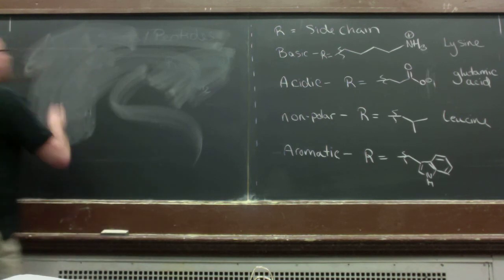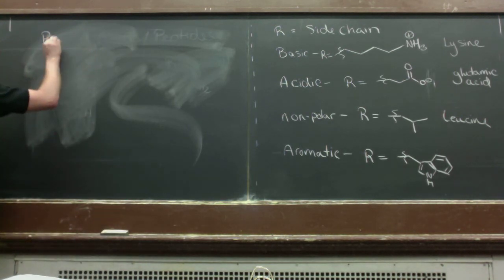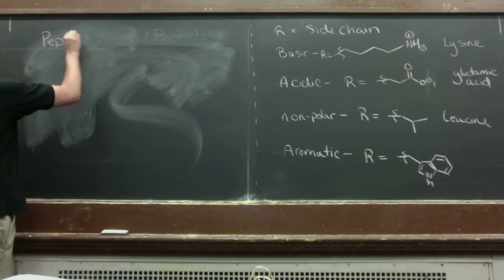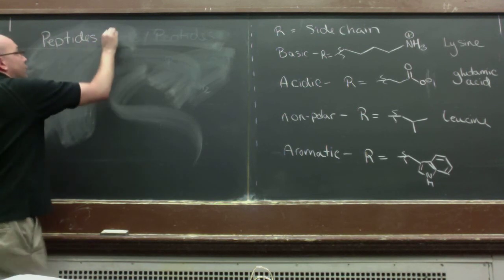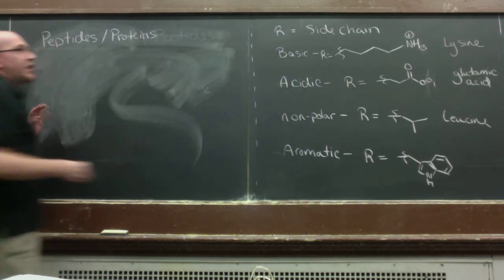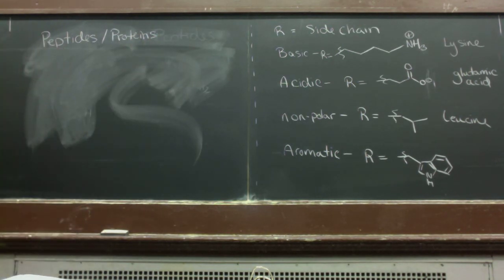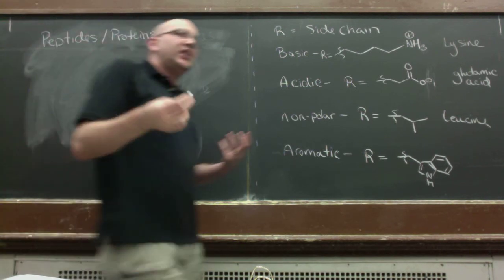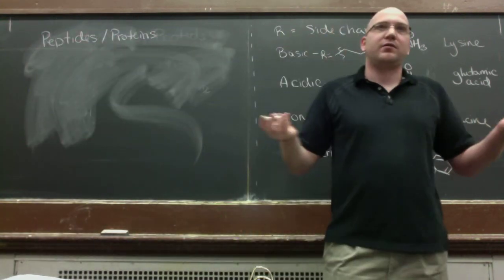Okay, so certainly amino acids make up peptides and proteins. So again, the reason why we care so much about amino acids is they are the building blocks behind really the majority of what makes us us, in a way.